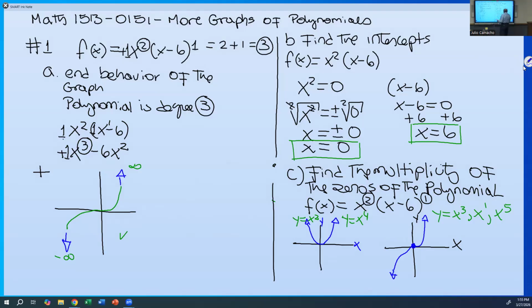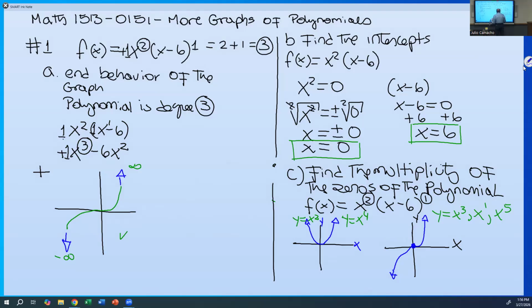And we know that all odd functions will cross the x-axis, and all the even functions will touch and bounce over the x-axis. And that will help us to answer the next question, because we know the multiplicity.